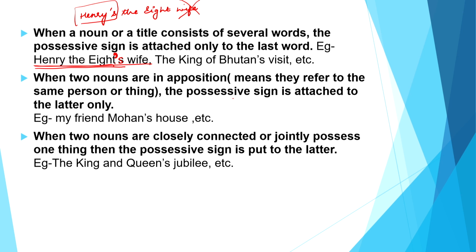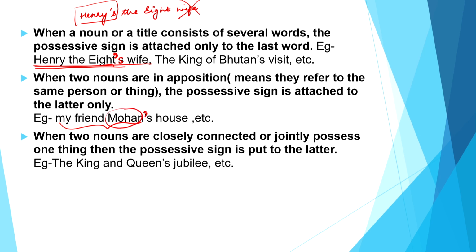Now, next rule, when two nouns are in apposition, meaning they refer to the same person or thing, the possessive sign is attached to the latter only. For example, my friend Mohan's house. It is talking about one person only, my friend Mohan. My friend is kind of an introduction to Mohan, but we are talking about Mohan only.